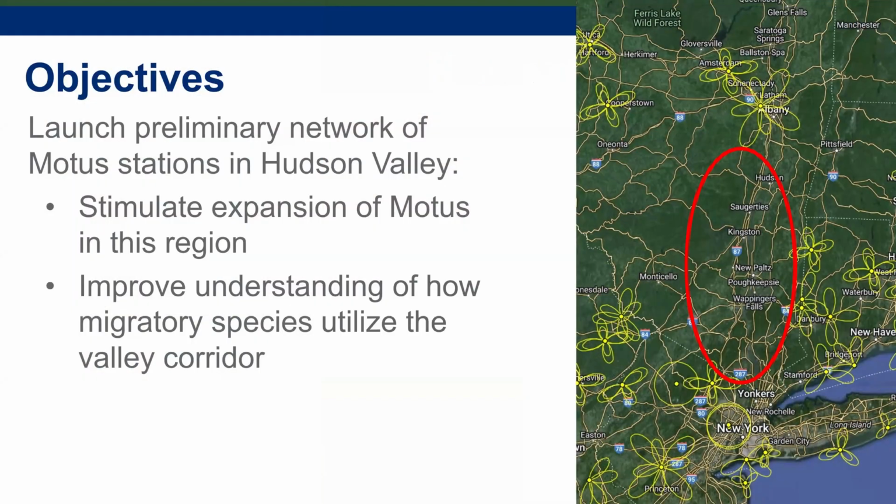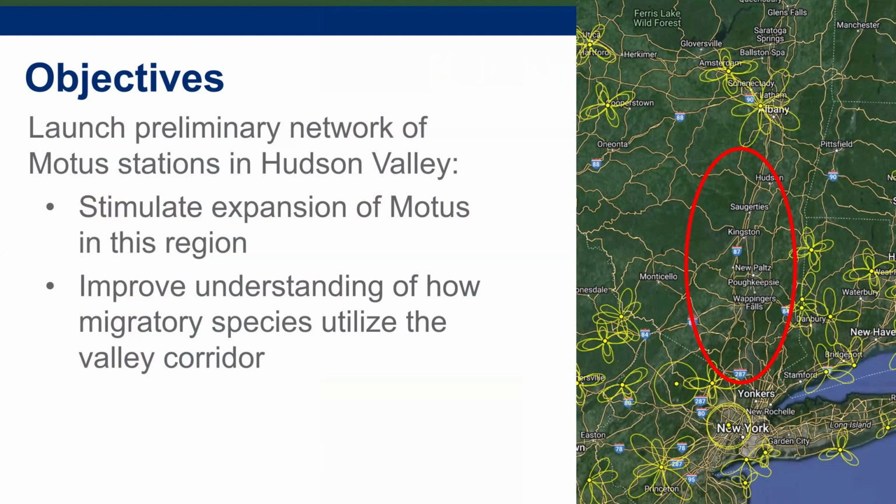So the major goal with forming this MOTUS collaboration in the Hudson Valley was to try to fill in this area of red. There is a major gap in MOTUS coverage within this section of New York, particularly in the Hudson Valley region.